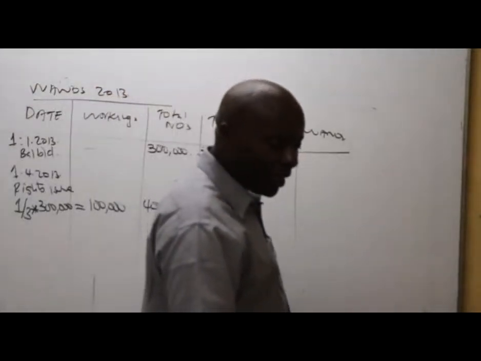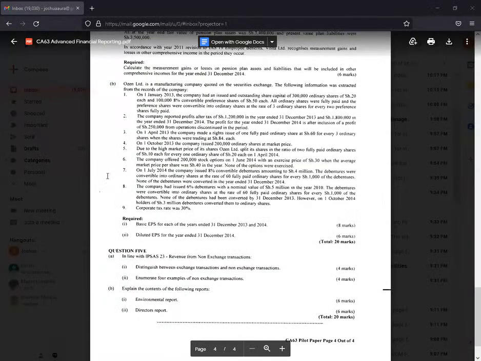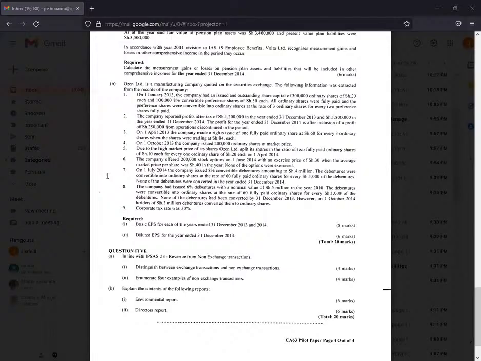Let's continue and see whether we have any other transaction in 2013. On 1st October 2013, the company issued 200,000 ordinary shares at market price. I love this. It's a 2013 transaction on 1st October.